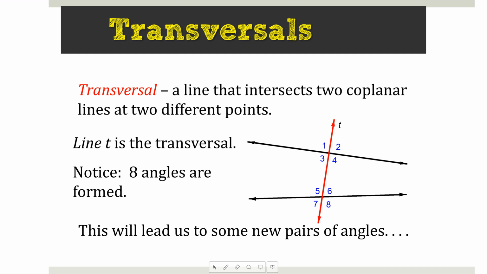What are they, Ava? What angle pairs did we already talk about? Adjacent. Supplementary. Complementary. Congruent. No, not necessarily a pair.